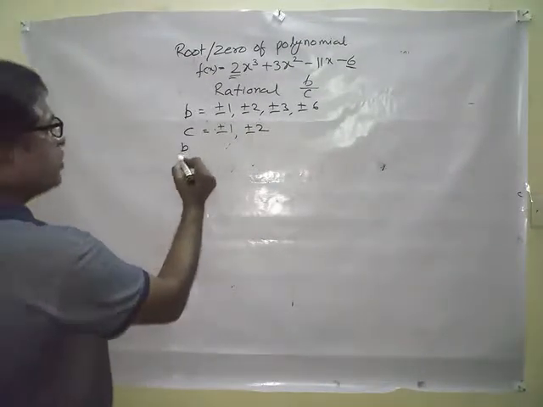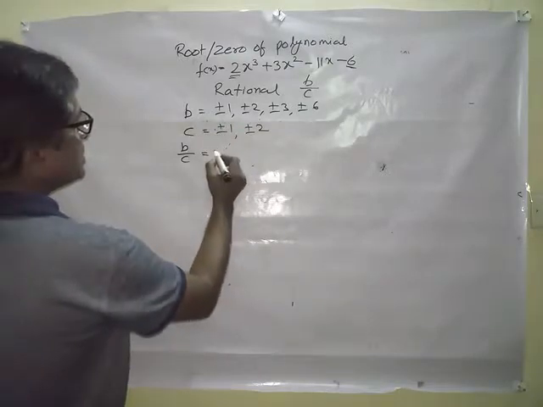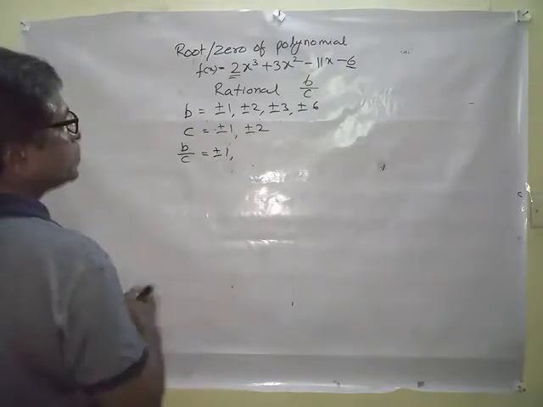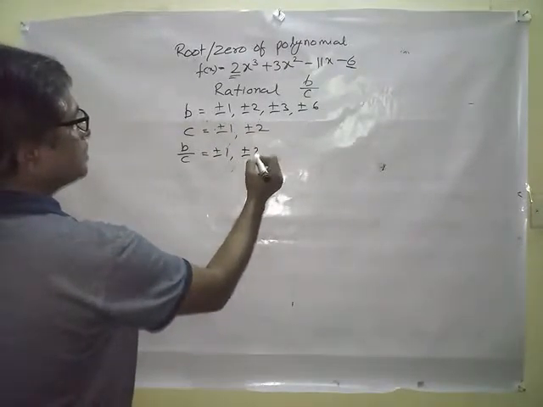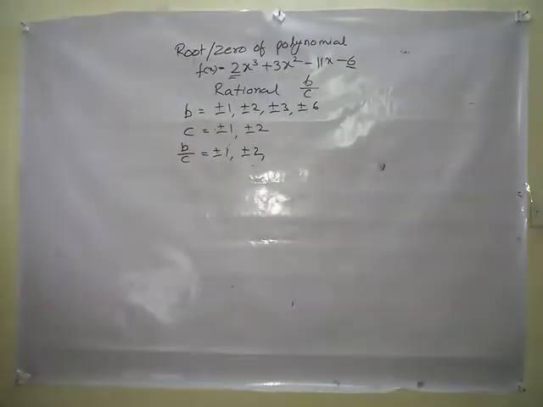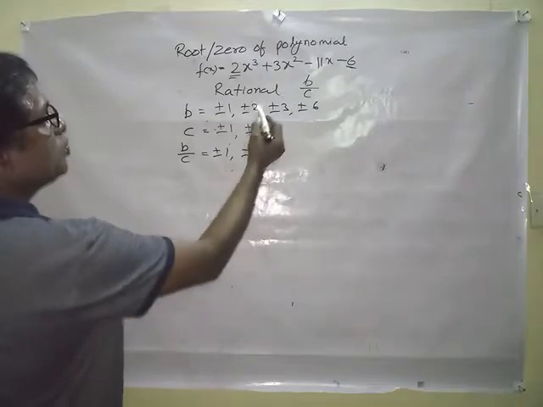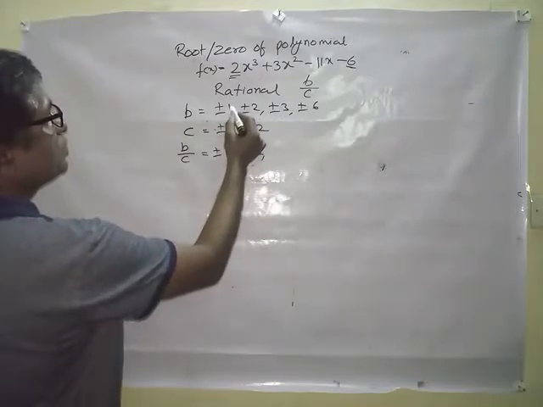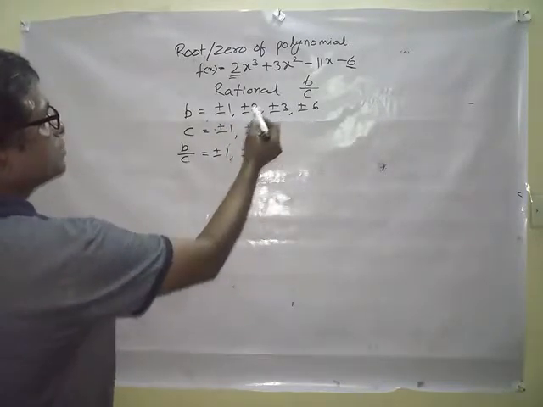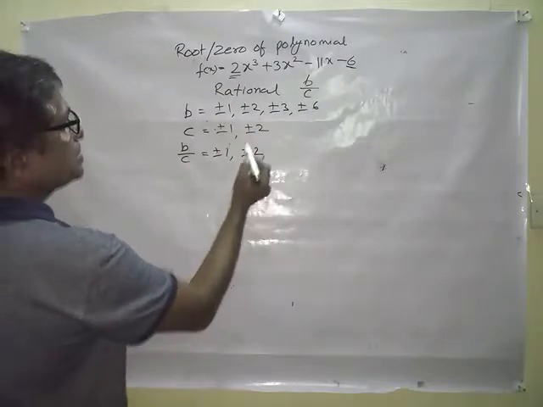Now the possible values of b upon c will be this divided by this: plus minus 1, plus minus 2. How are you achieving plus minus 2? This is 2 divided by 1. 1 divided by 1 is this, 2 divided by 1 is this.